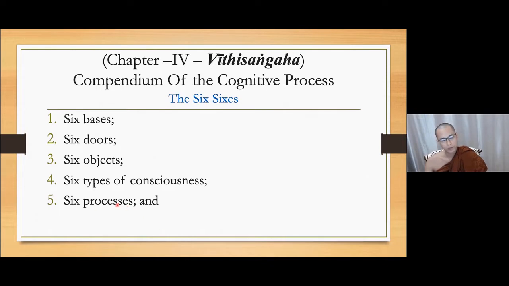We have introduced these 6 processes several times in previous lessons. Then 6 presentations of the object, that is, how the object comes into the mind. These are the explanation of the 6 sixes. Okay, so in chapter 4, we will study them.